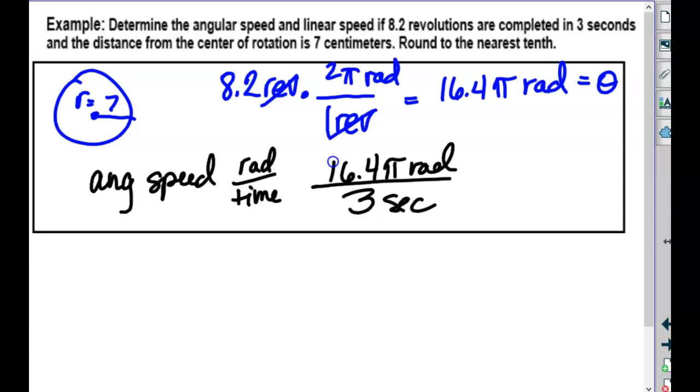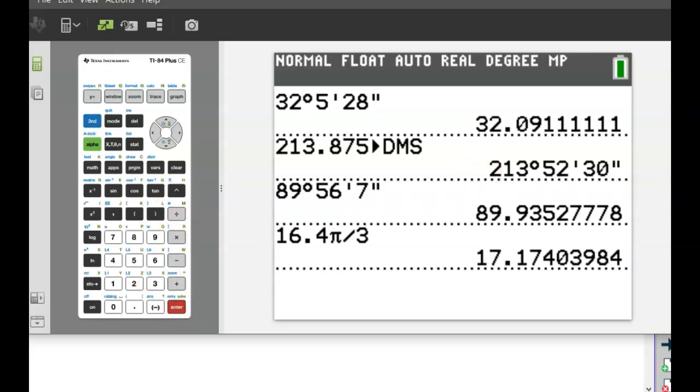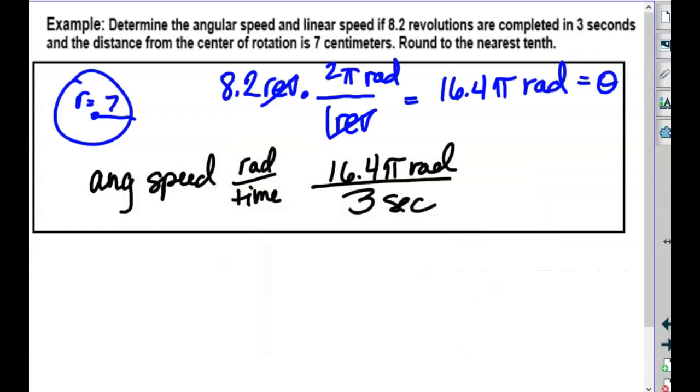Let's go ahead and divide that out. 16.4 times pi divided by 3, 17.2. And that was radians per second. And that is an angular speed, so it's the little omega looking thing.